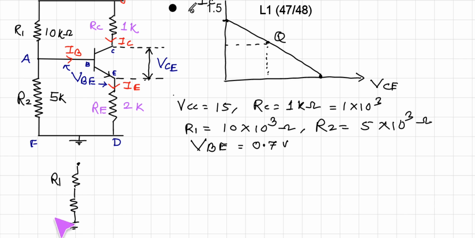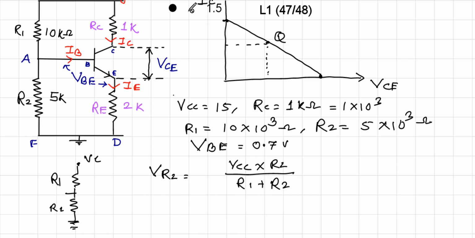So here it is R1, here it is R2, and here it is VCC. So voltage across R2, from voltage divider theorem we can say that is VCC into the resistance across which voltage is to be measured, that is R2, divided by total resistance in the circuit R1 plus R2. This is according to voltage divider theorem.